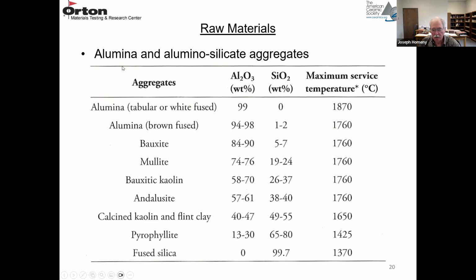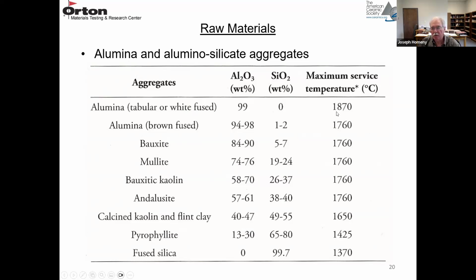So for the different types of aggregates, these are alumina and aluminosilicate aggregates. So we have the alumina content, the silica content, and then the service temperature in degrees C. So the highest alumina content would be a tabular alumina or a white fused alumina, about 99% alumina.